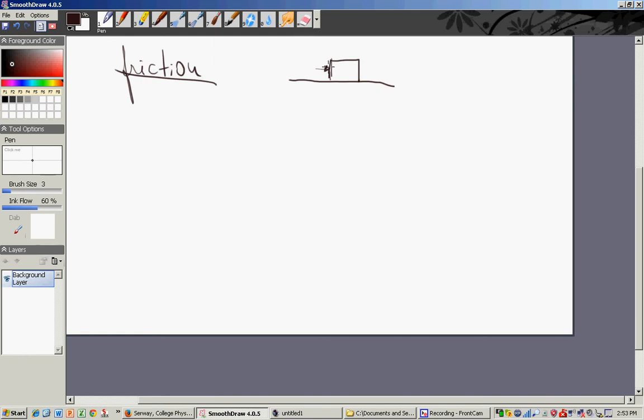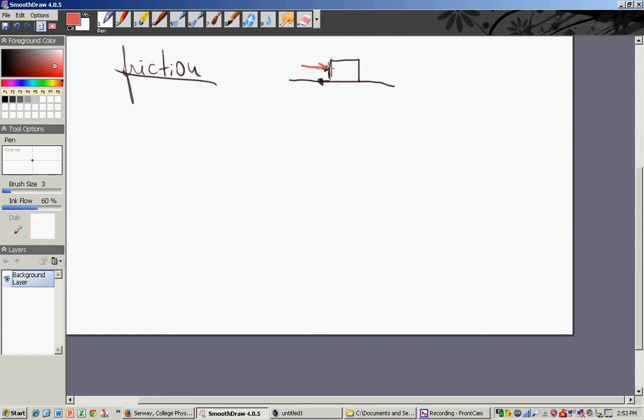Now you might have had the experience of tapping the block with a forward force in an attempt to move the block, and the block doesn't move. Why? Because there is a frictional force that reacts to your tapping. That's Newton's third law.